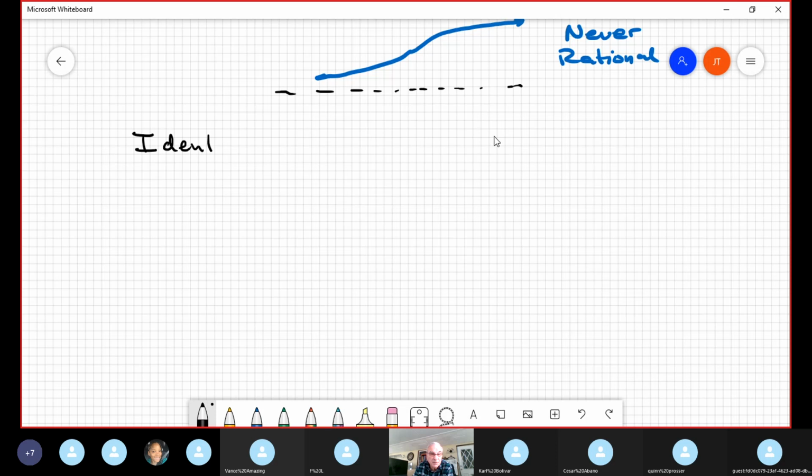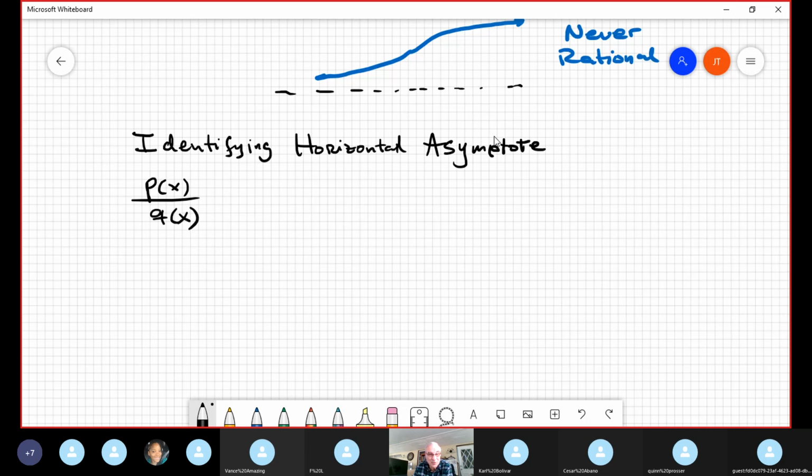Well, how do you identify horizontal asymptotes? How do you know that we have one? What is the clue to give me information? Well, the clue is, suppose P of x divided by Q of x is the classical general form to express the ratio.